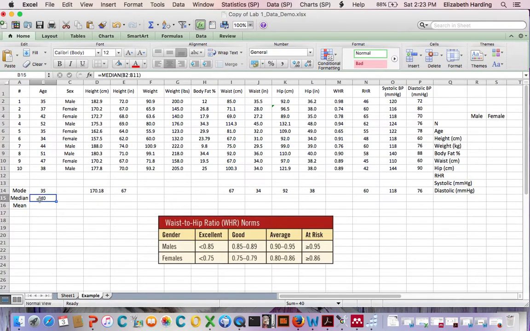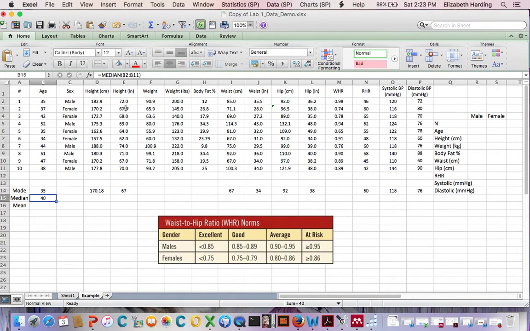So 40. So as far as our population, okay, subjects 1 through 10, 40 years old is that middle value, which means that 50% of our subject population is younger than 40 and 50% is older than 40.